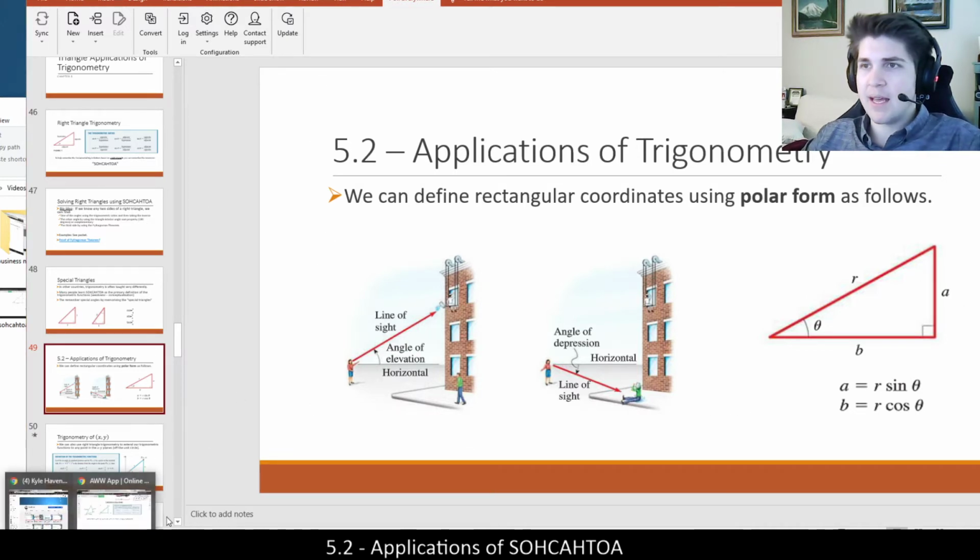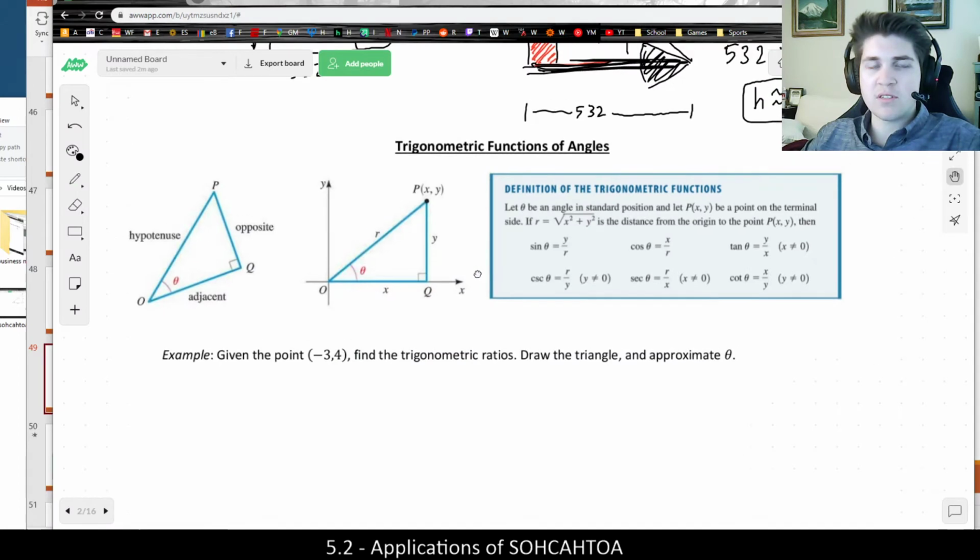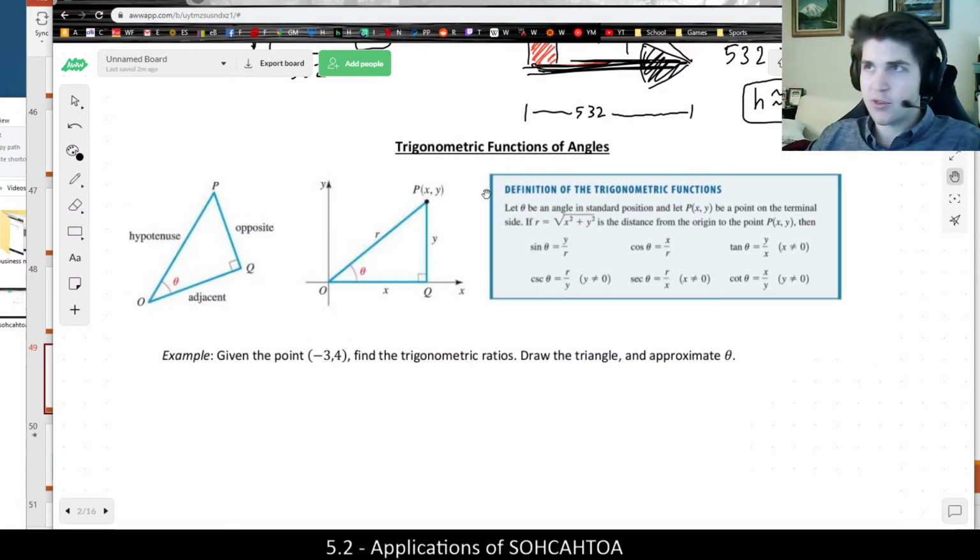But all that being said, I wanted to do yet another definition of trigonometric functions for a point on the xy coordinate plane outside of the unit circle. So say, for example, I take a point which is not distance 1 away, but any point x comma y. What I wanted to reiterate is that the definition changes very slightly.